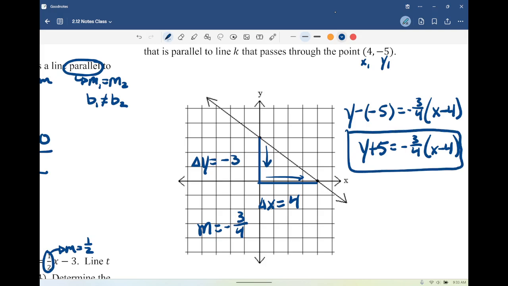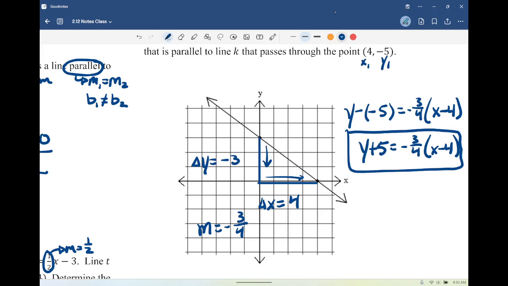Why do I get to stop right there? Yeah, again, as we started this problem, we named it's actually not asking us for a particular form, and so because it's not, I get to stop there. There's no extra work needed that I have to do.